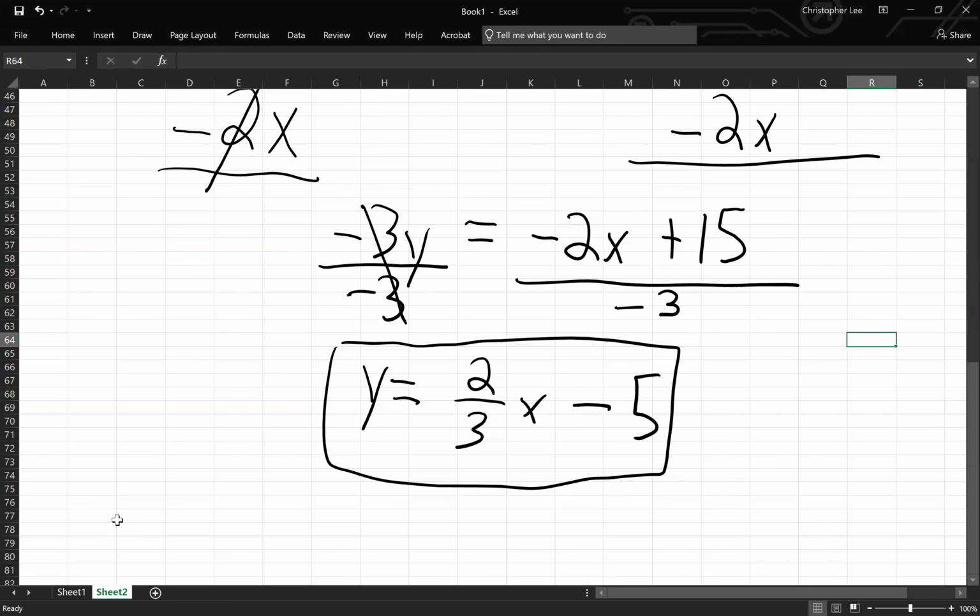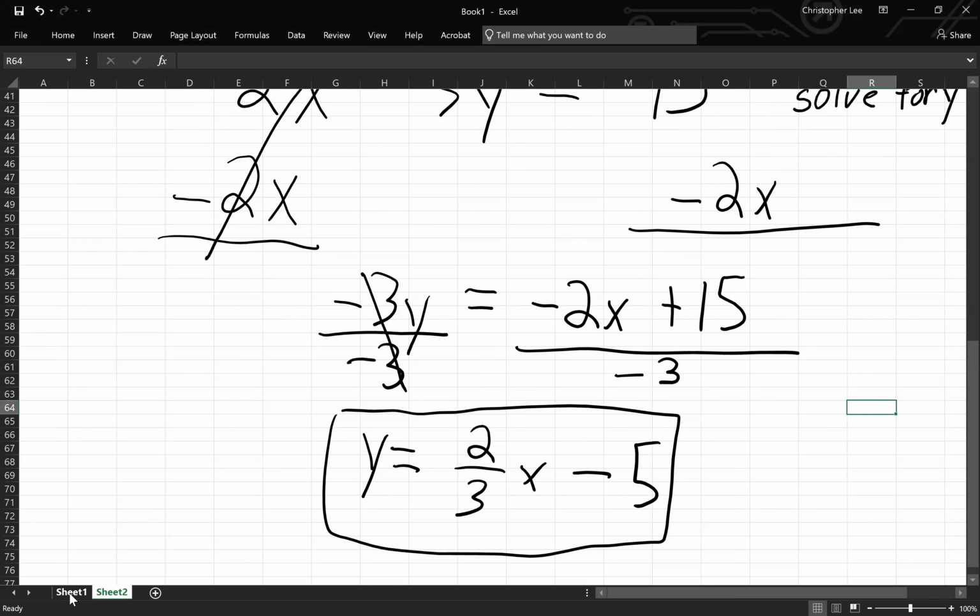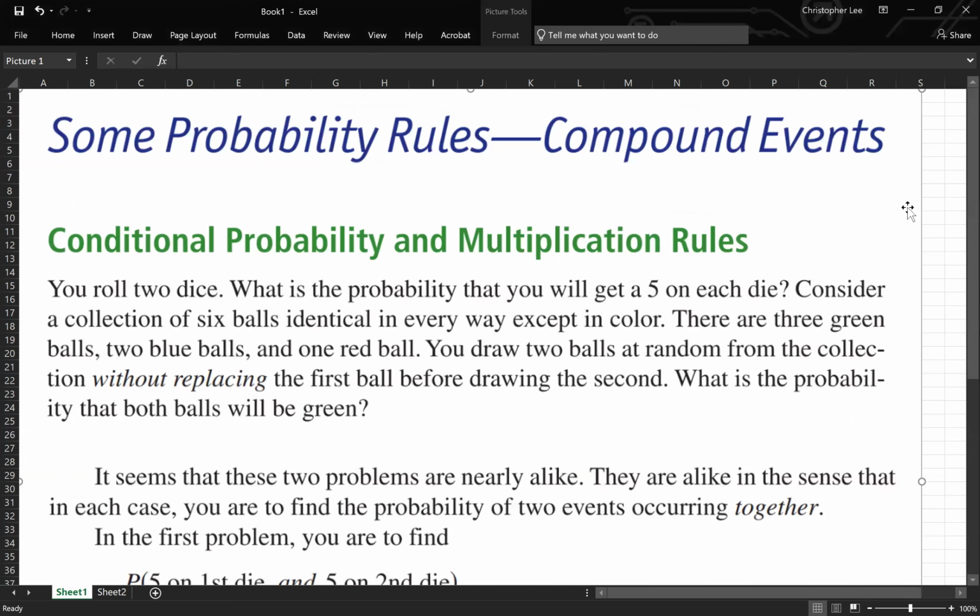All right. So if there's no more questions, let's get into what we're getting into today. So we're going to be talking about some probability rules, compound events. Yay, right? So this is that new homework that just got posted, right? So conditional probability and multiplication rules. You roll 2 dice.